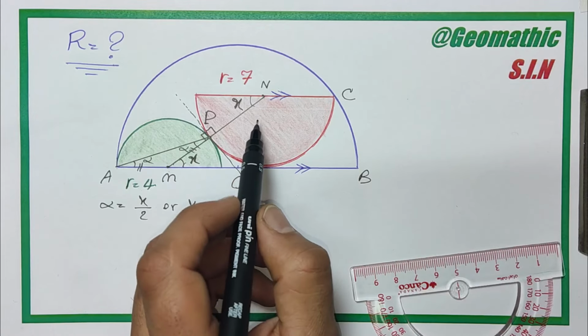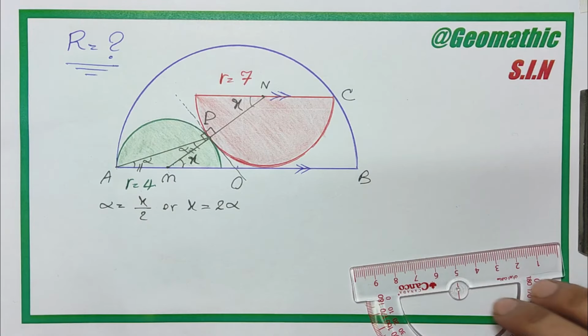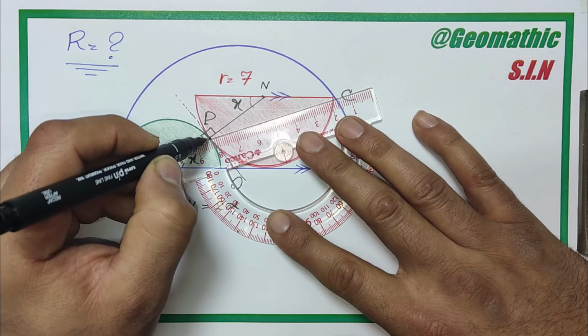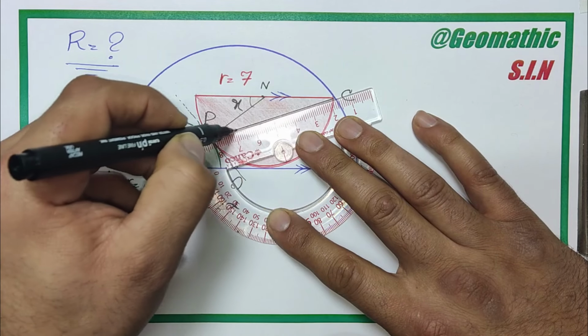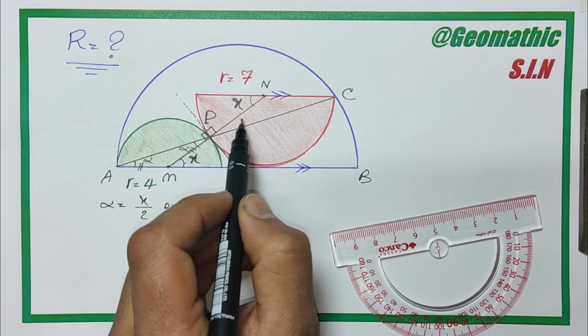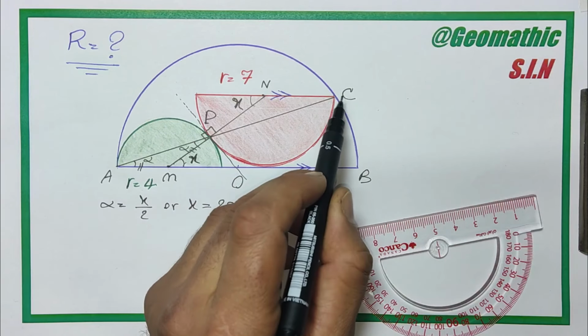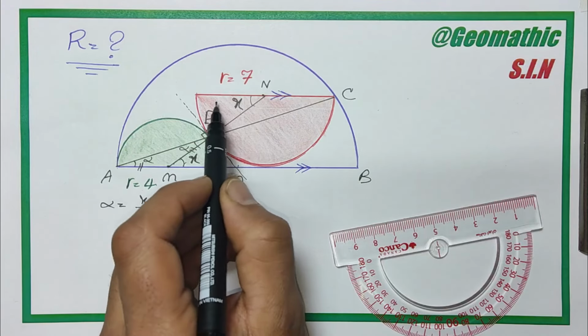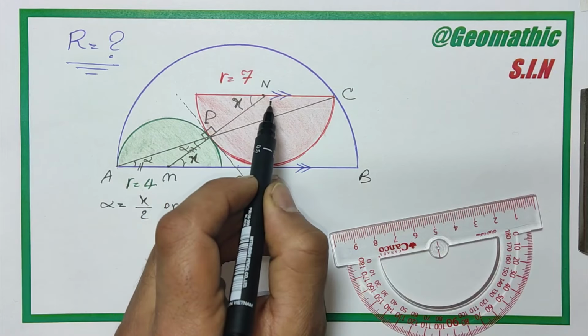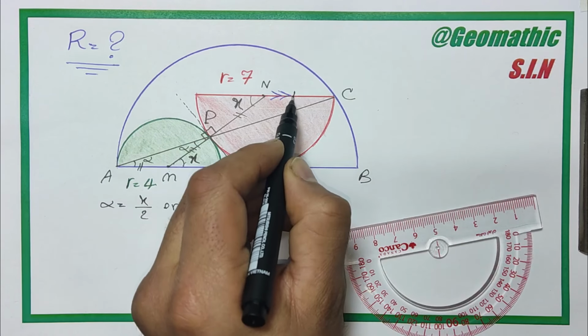And we do the same thing for this semicircle. So I draw CP like this, and since this line NP and this one NC both are the radius of this semicircle, then they are equal. This line equals this line.